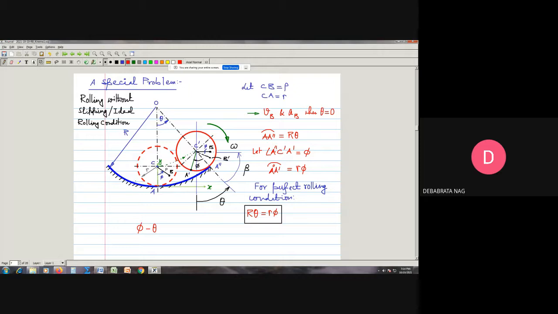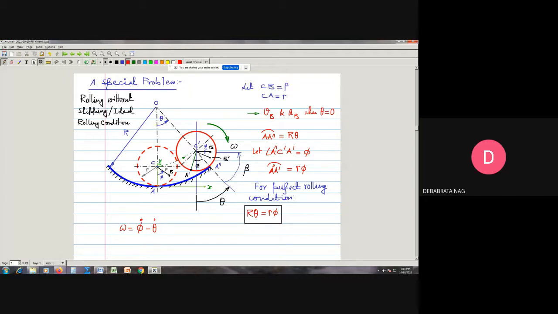Differentiation of this with respect to time will give me the angular velocity of this body. Suppose the angular velocity of this body is omega. Then omega is equal to phi dot minus theta dot.